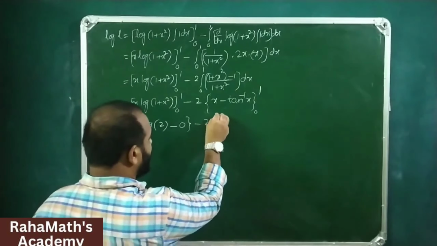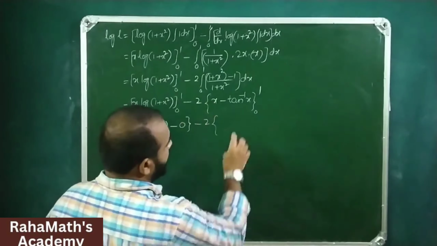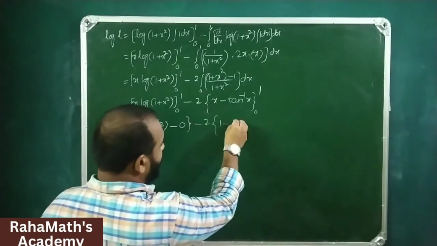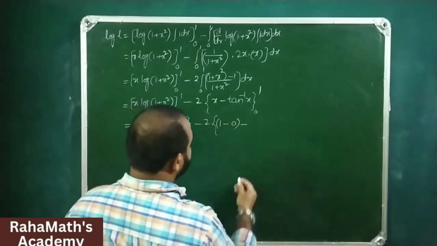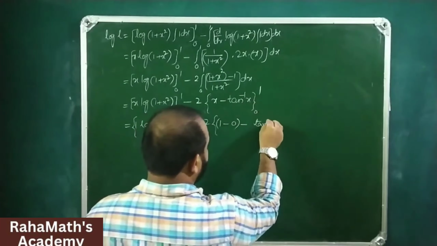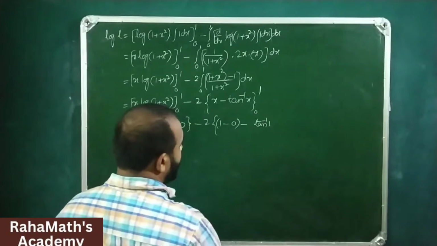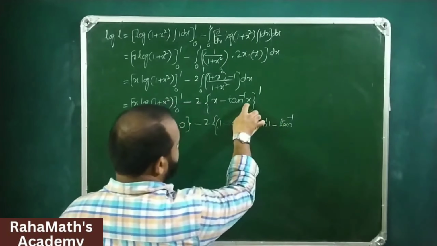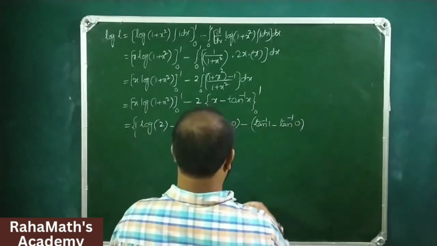Minus 2, in the place of x upper limit 1, minus in the place of x lower limit 0, minus tan inverse: in the place of x upper limit 1, tan inverse 1, minus tan inverse of lower limit 0.